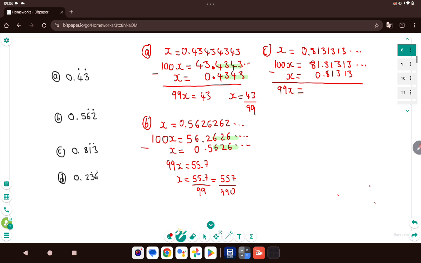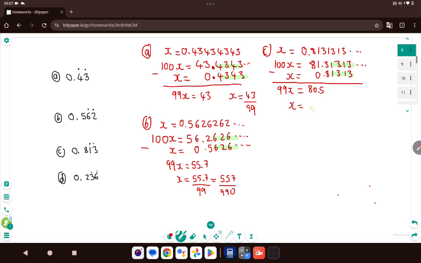So where does it cancel with each other from that one onwards? You've got 1's, 3's all underneath each other. They would subtract to make 0. 81.3 minus 0.8 is 80.5.